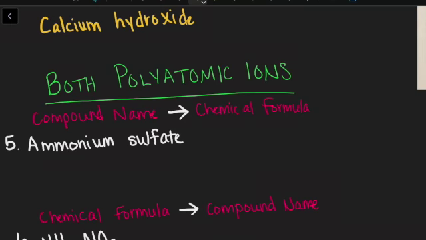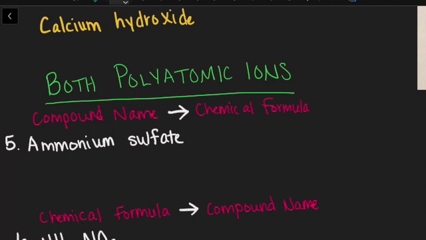Now what happens if you're given both polyatomic ions? When you're first starting out and you don't know the periodic table that well, you're probably going to spend a lot of time looking for ammonium on the periodic table, and you're not going to find it because it is a polyatomic ion.